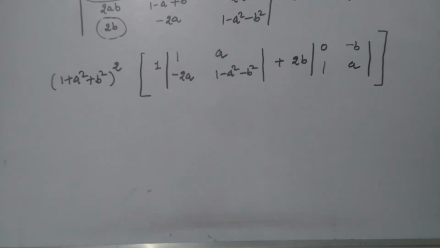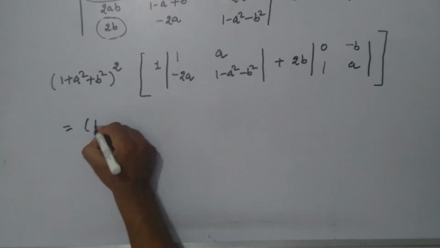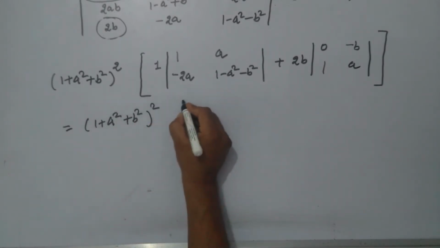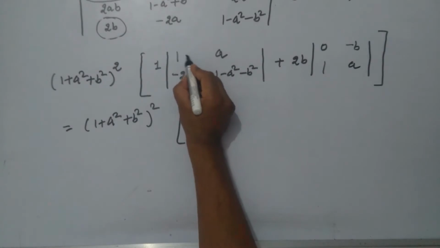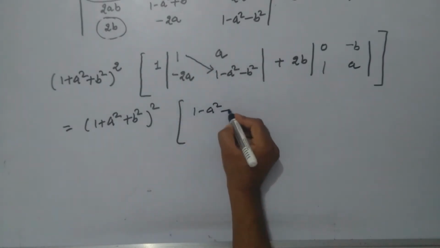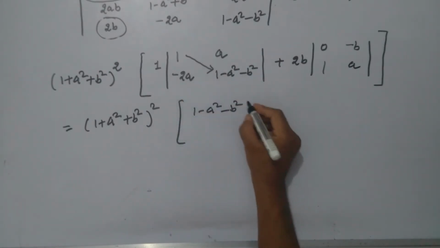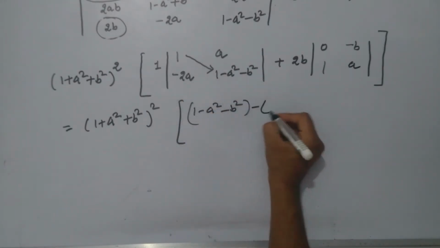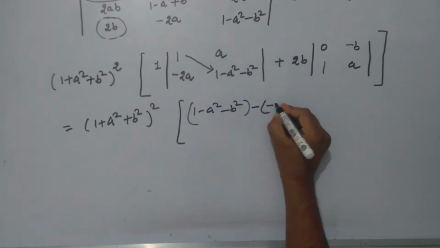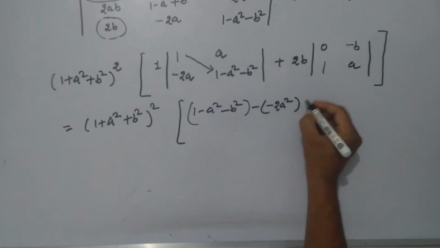This becomes equal to 1 plus a square plus b square whole square, bracket. This will be multiplied with this, so we have 1 minus a square minus b square, minus sign by default, minus 2a into a. This becomes minus 2a square.